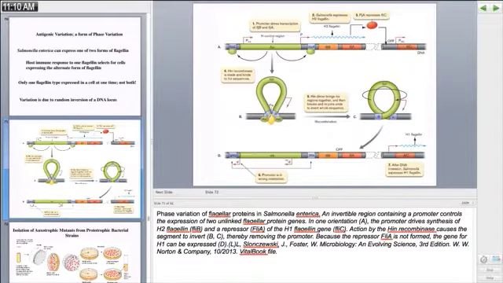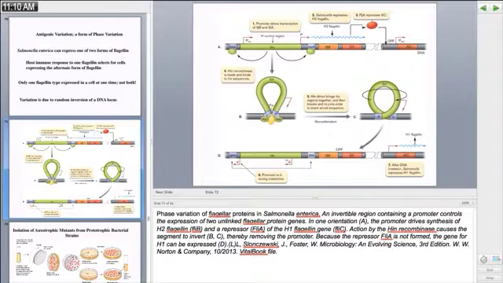It binds to a site associated with the promoter for the H1 flagellin, FliC, and stops its transcription. So it's very simple to see in A, on the top of this cartoon, how the bacterium expresses H2 and at the same time represses H1.